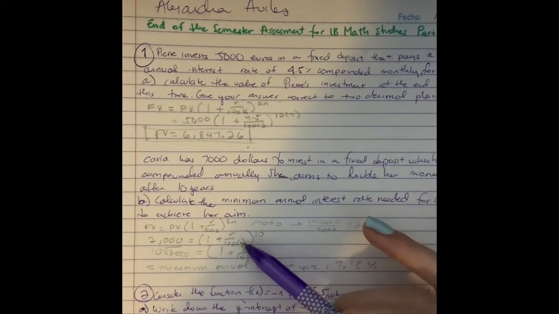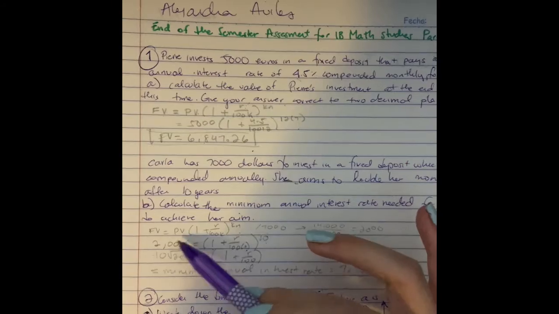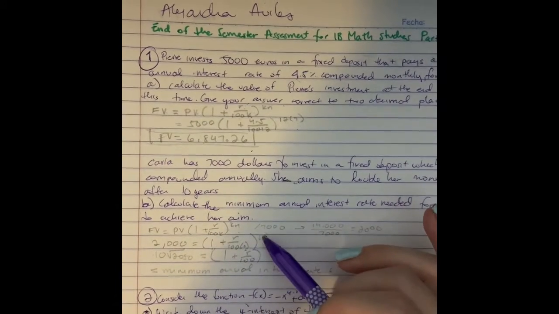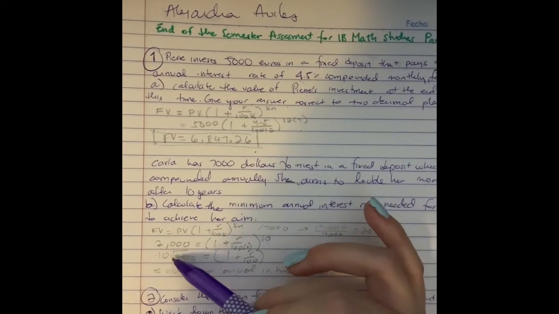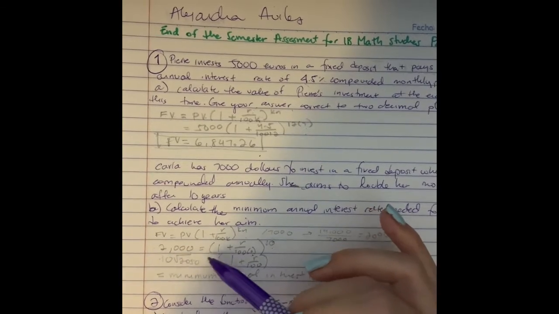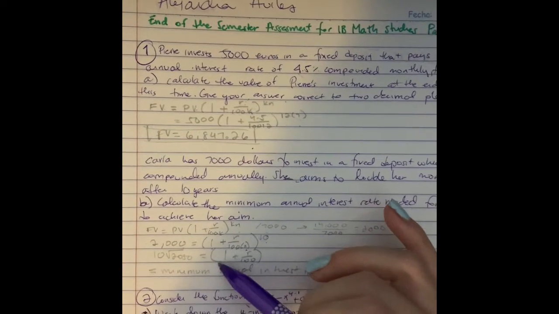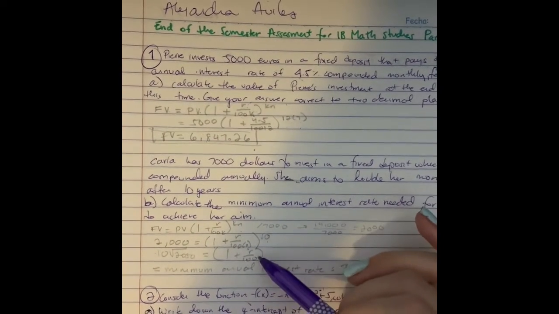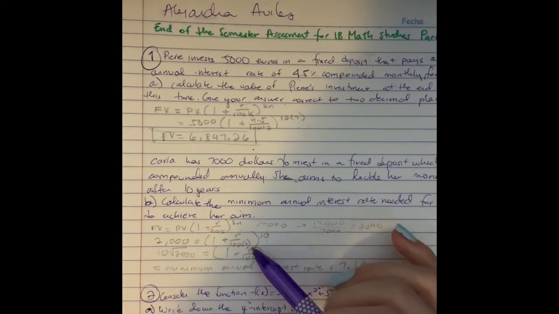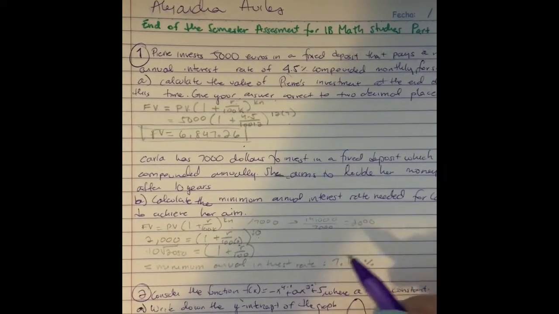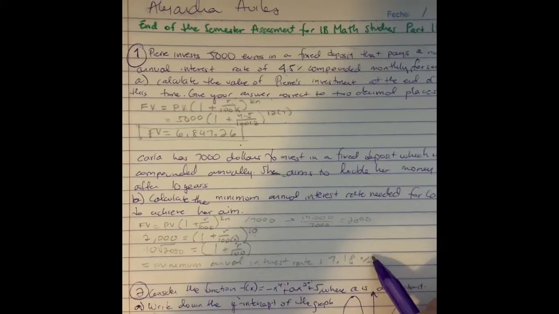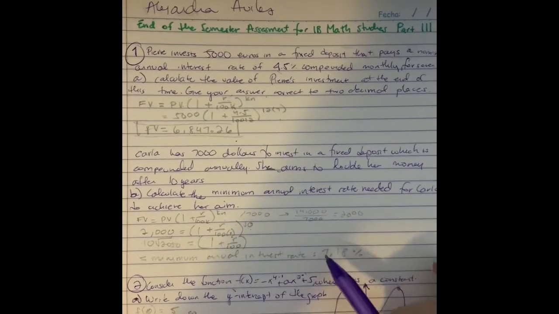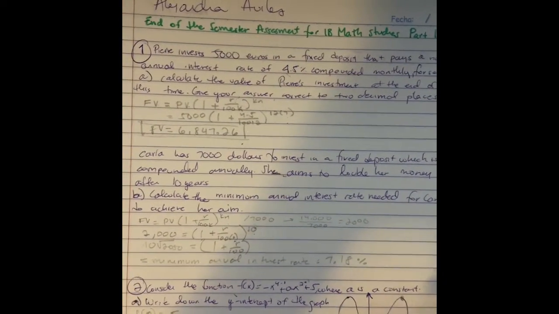To solve this, I took the 10th root of both sides, so the 10th root of 2, leaving the rest alone. I plugged this into my calculator the same way I did for the first one, and it ended up being 7.18. So the minimum annual interest rate is 7.18%.